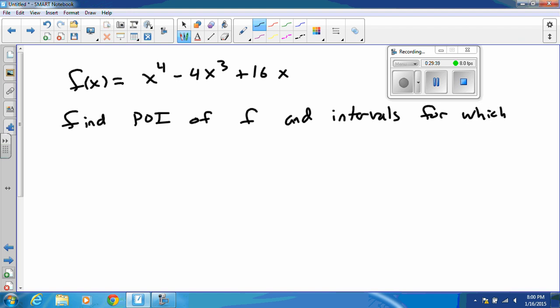This is the function that we wish to consider. And our task is going to be to find the points of inflection of f and the intervals for which f of x is concave up.